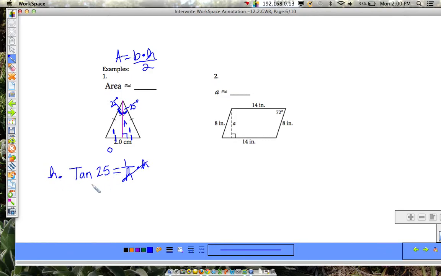And then I want to solve for h, so I have h times the tangent of 25. I want to get h alone, so I'm going to end up dividing by the tangent of 25. So h is going to equal 1 divided by the tangent of 25, which is approximately 2.14.